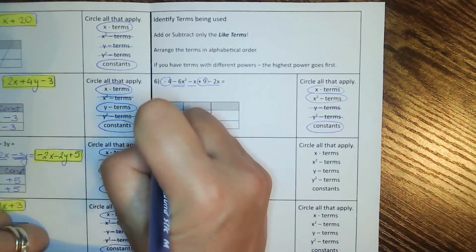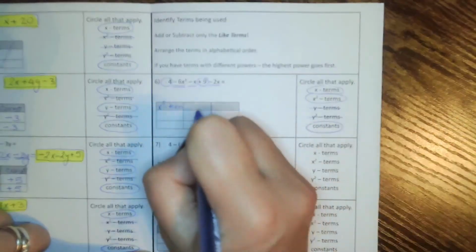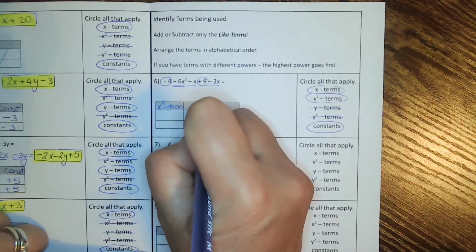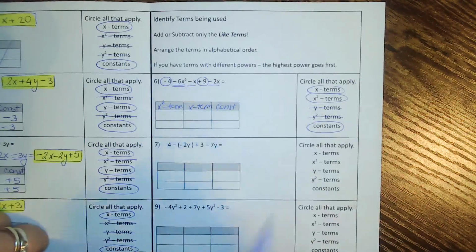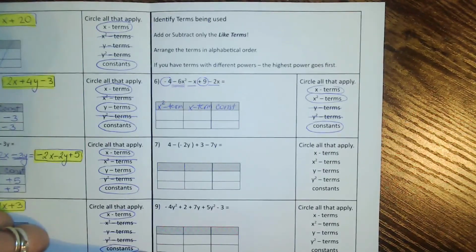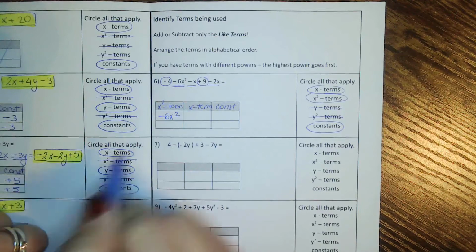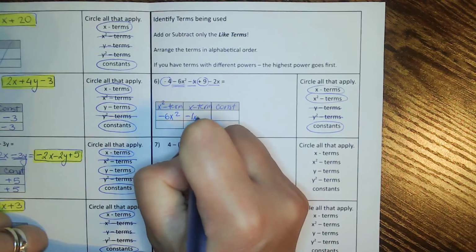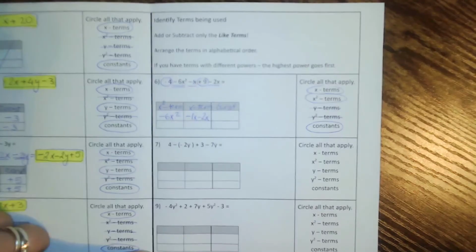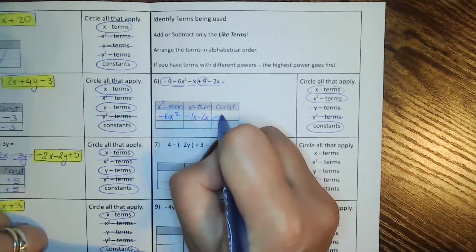So I have x squared, x, and constant. The x squared term is by itself here, negative 6x squared. The x terms are negative 1x and negative 2x. And the constants are negative 4 and positive 9.